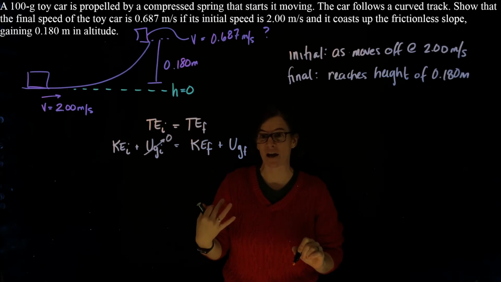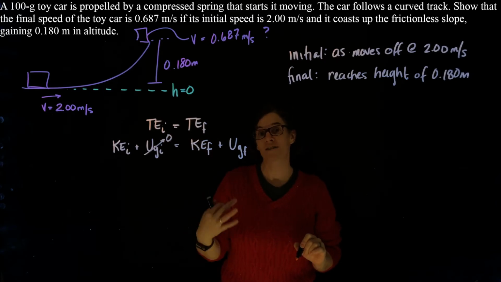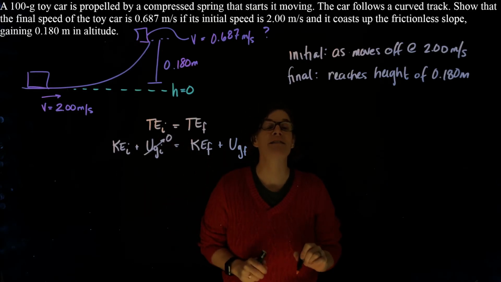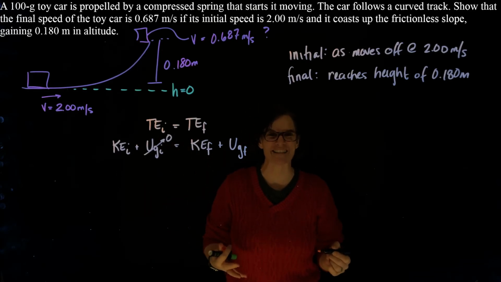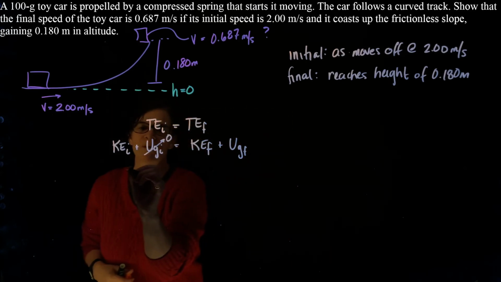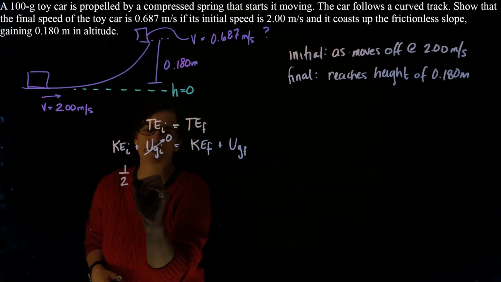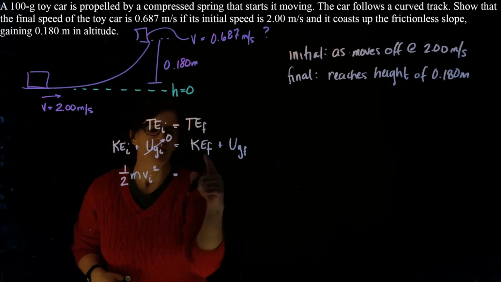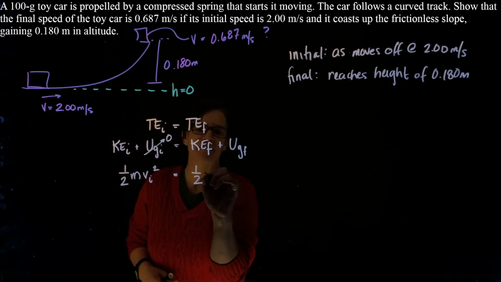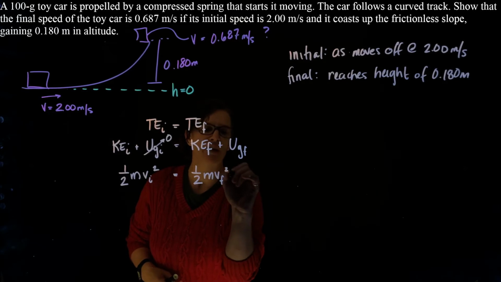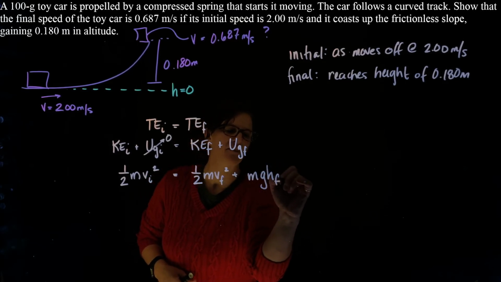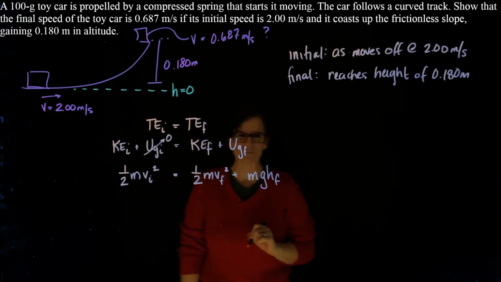So we can take out that potential energy. And we're seeing does the initial kinetic energy equal the sum of our two types of energies in the final case. So we have initial kinetic energy of 1/2 m v initial squared. That's going to equal our final 1/2 m v final squared plus m g times the final height that we get to.